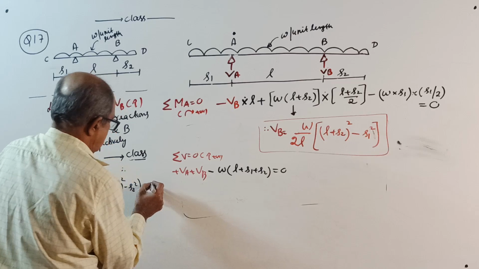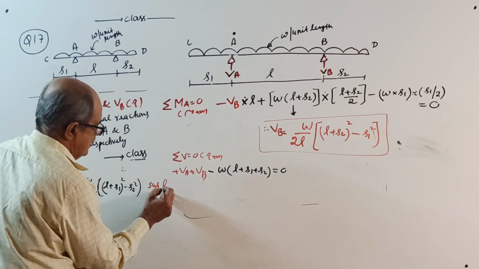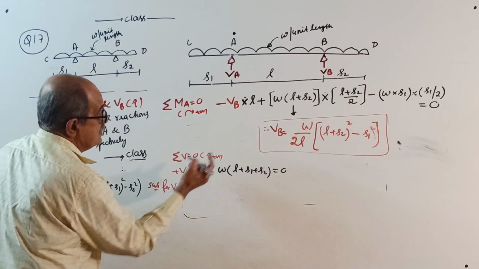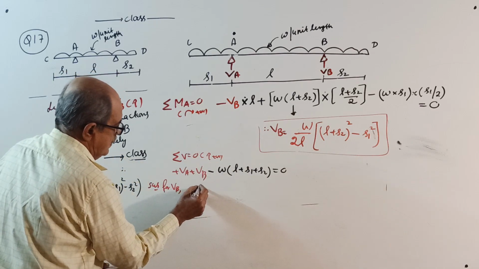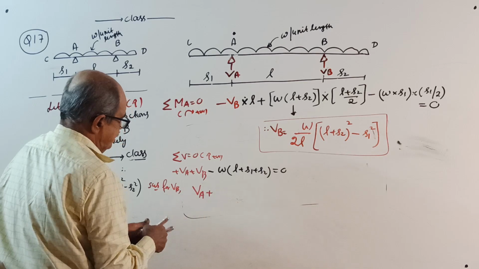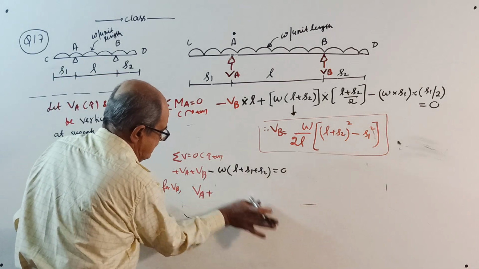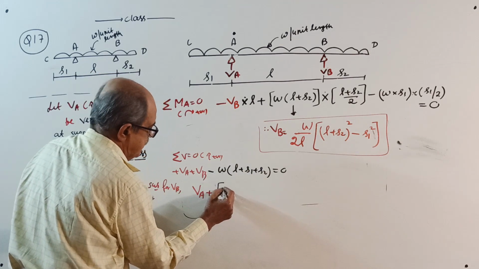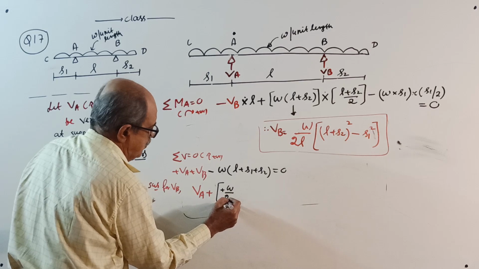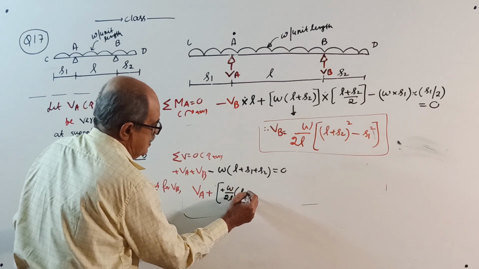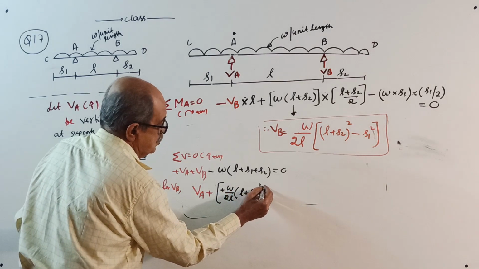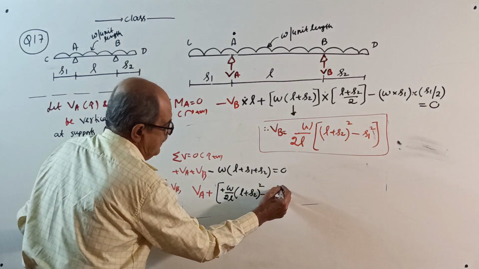Now, substitute for VB. Whatever you got, you will get VA plus VB. How much is VB? W, again sign required, plus W by 2L into (L plus S2) whole square minus S1 square.